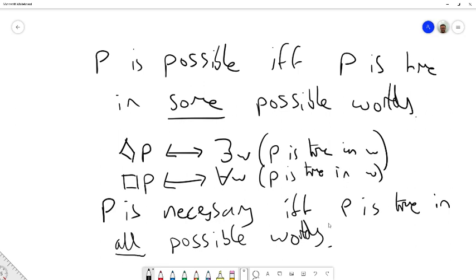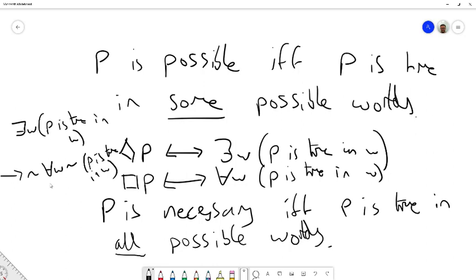Okay. So at any rate, to say that something is possible, so if there is some world W such that P is true in W, well, this entails that it's not the case that for all worlds, it's not the case that P is true in W. Don't worry too much about this, but this basically gives us this idea that we can define them.